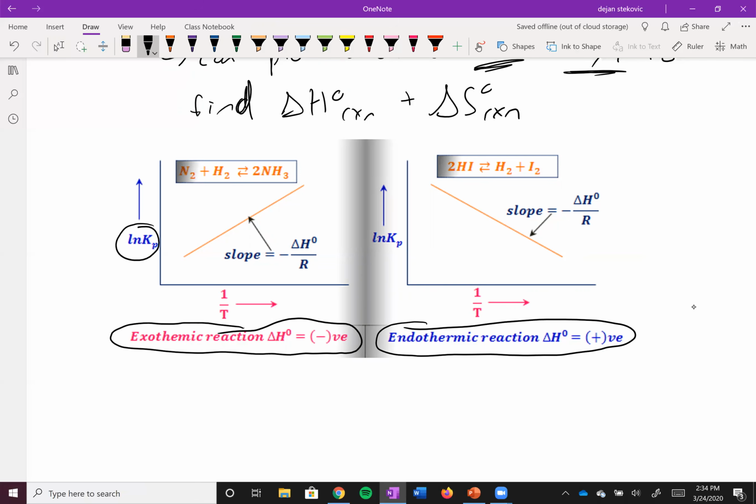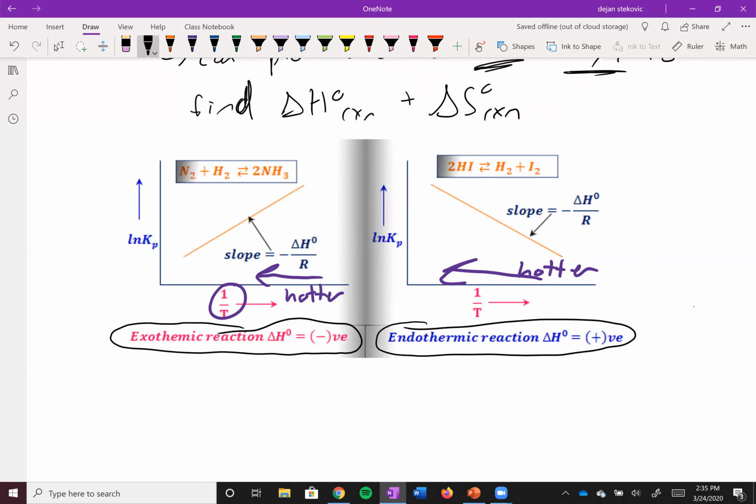And you're plotting ln of K versus 1 over temperature. The first thing you need to realize is this is 1 over temperature. So you're actually going hotter from right to left, right? Usually it's the other way around, but we're plotting 1 over temperature. 1 over 1 would be somewhere over here, 1 over 1,000 would be somewhere over here.